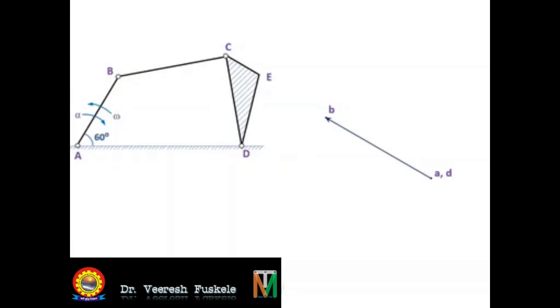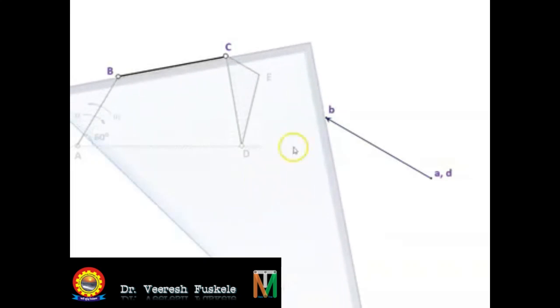To do that, again we take the set square and we put one of the sides on the link BC and set the set square such that the other perpendicular side of the set square passes through the point B, from which we can draw the velocity vector of the link BC.